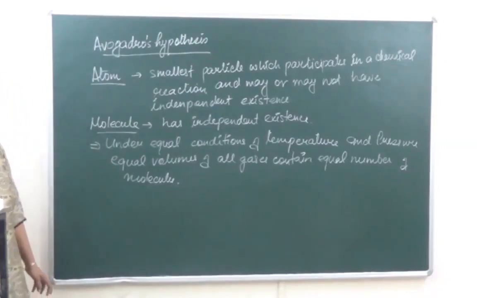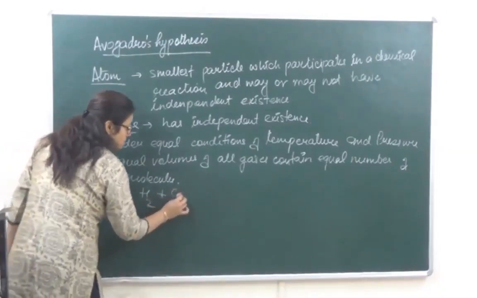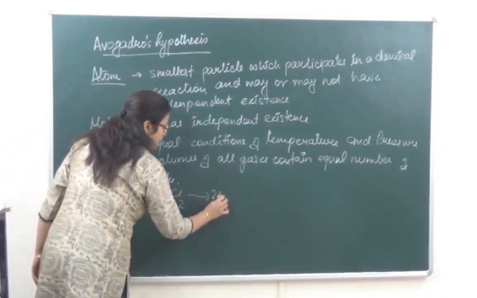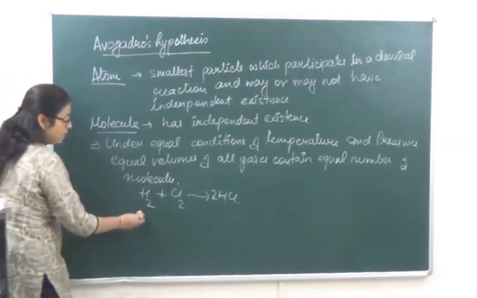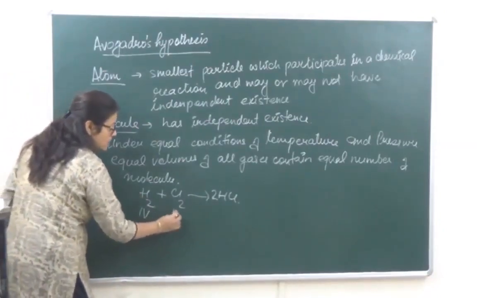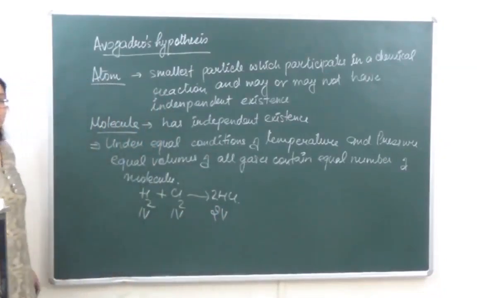So if we take the same example again, hydrogen plus chlorine to give us 2HCl. Here we can see one volume of this is giving us 2 volumes of HCl.